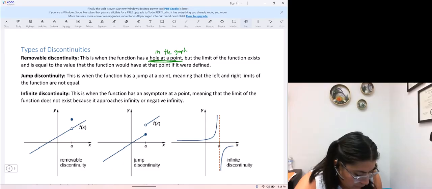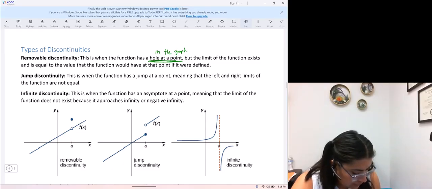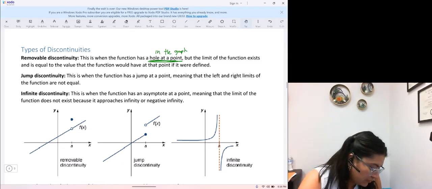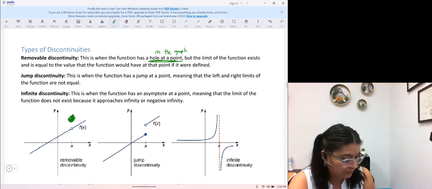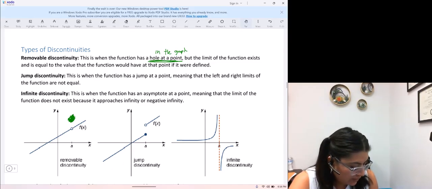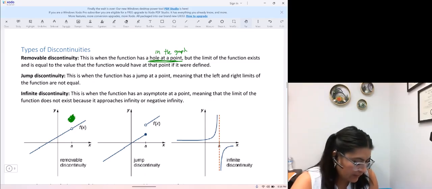So it's a graph with a hole in it. This here doesn't matter. This is not part of the definition of removable discontinuity. You may or may not have a closed circle, but what you have is a graph with a hole in it, and the limit exists.